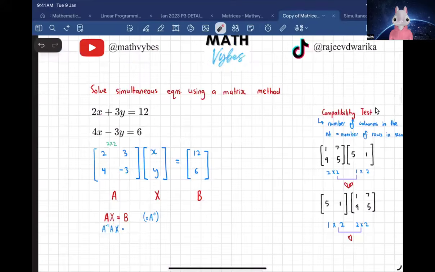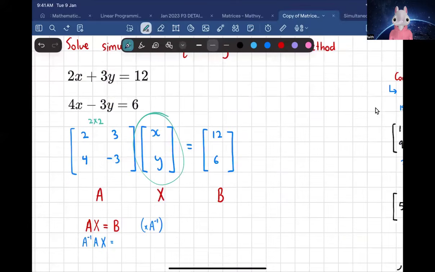Let's see where I'm going with this. What's the order of this matrix? 2 by 1, because you're seeing two rows and one column. What's the order of this matrix? 2 by 1.